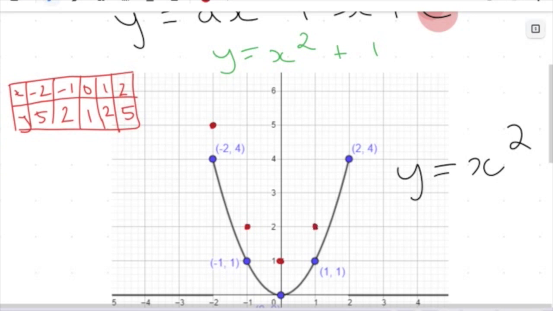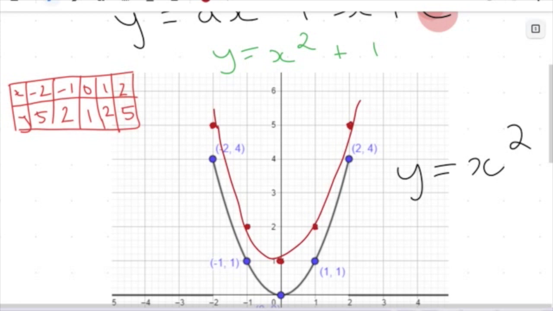We're going to plot all of these points along here. Now I'm going to join up the dots, draw my parabola, and see what I can observe here. That's about as good as we're going to get it.